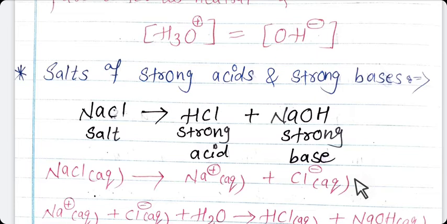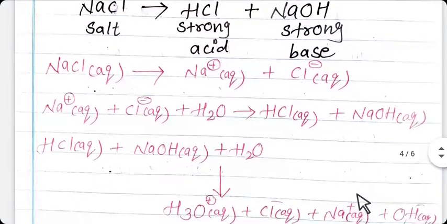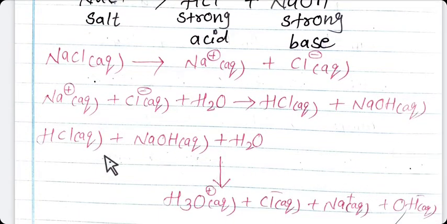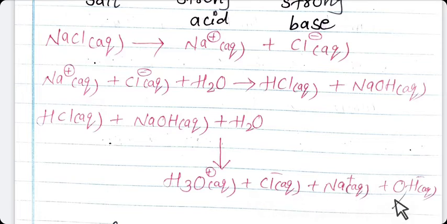We can understand this by the reaction Na+ Cl- plus H2O, which would give HCl plus NaOH. When we reverse this equation, HCl plus NaOH plus H2O gives H3O+ Cl- plus Na+ OH-.